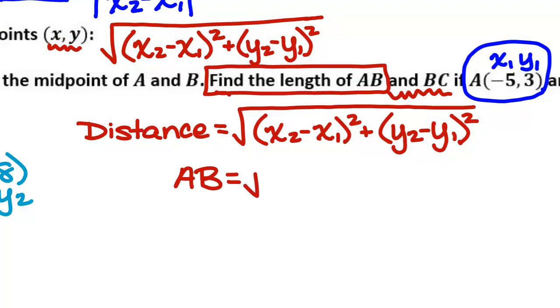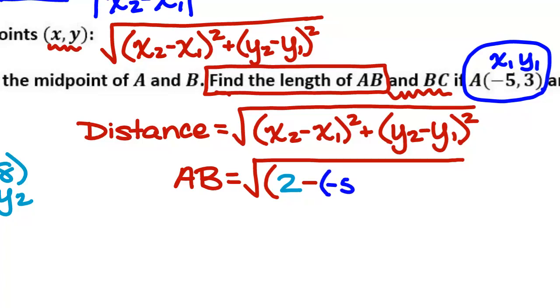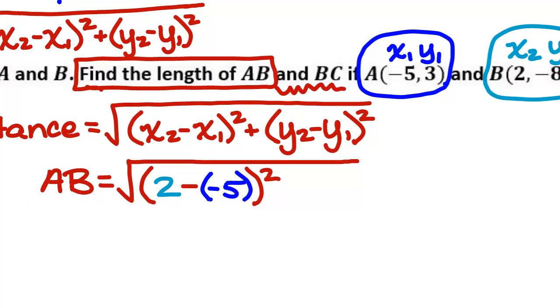So let's find the length from A to B first. What's the number that goes with x2? 2. And then minus from my formula. And now I need x1. Negative 5. So 2 minus negative 5. Close my parentheses and square it.